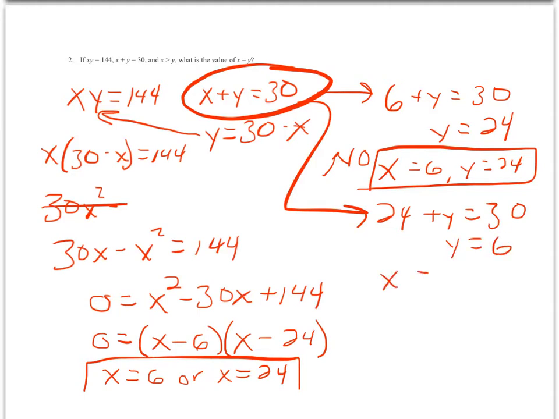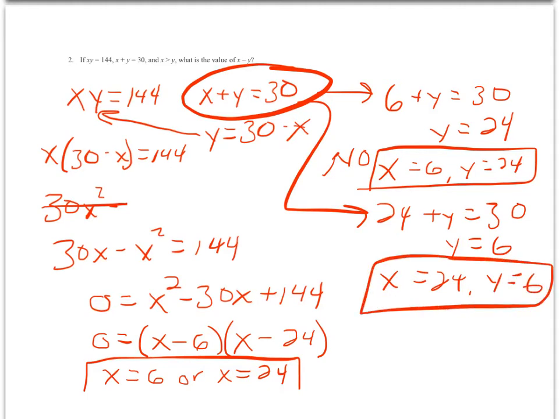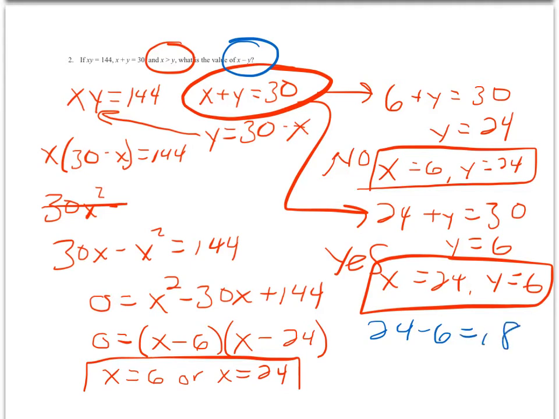So here we're saying x is 24 and y is 6. That works because that makes x bigger than y. The final question to this problem, after doing all this hideous work, find the value of x minus y. 24 minus 6 is 18.